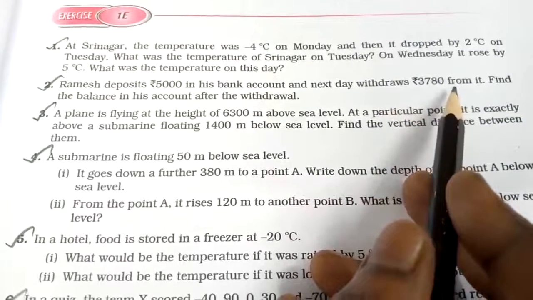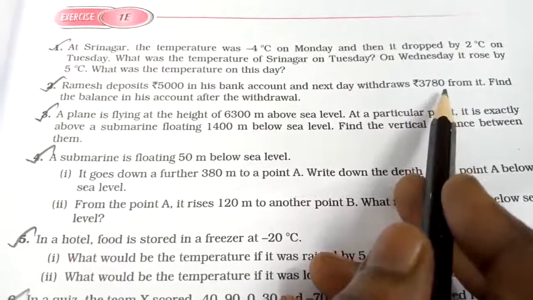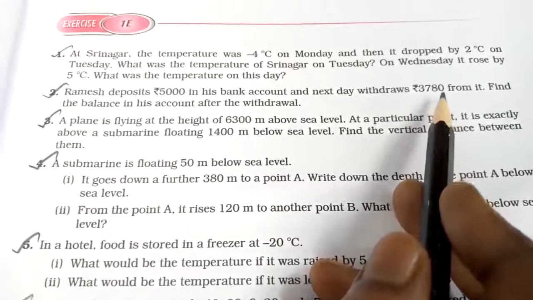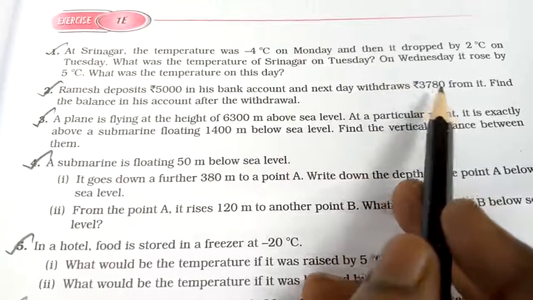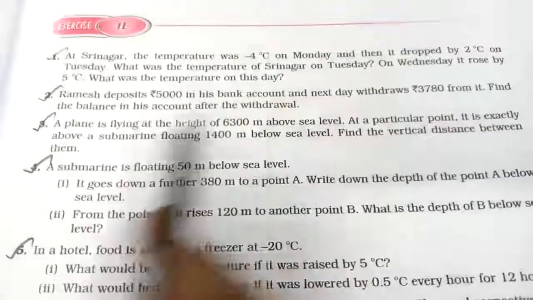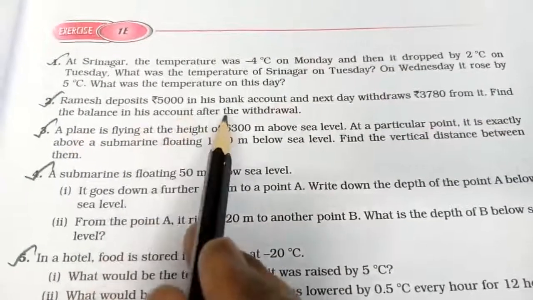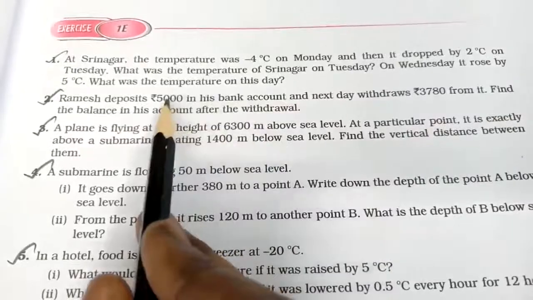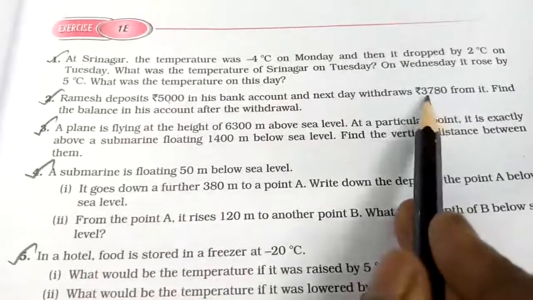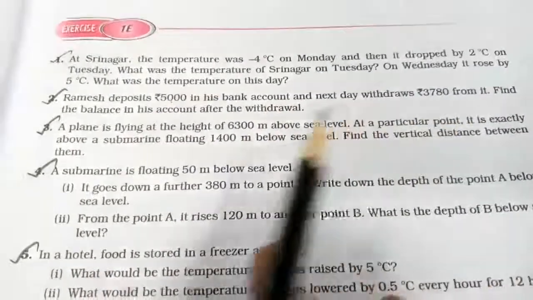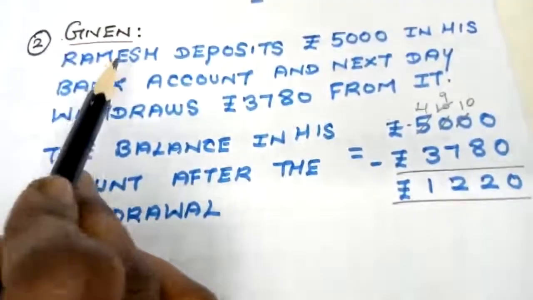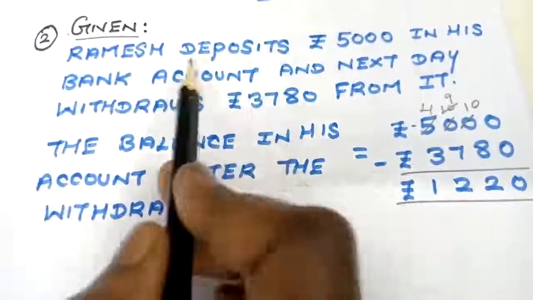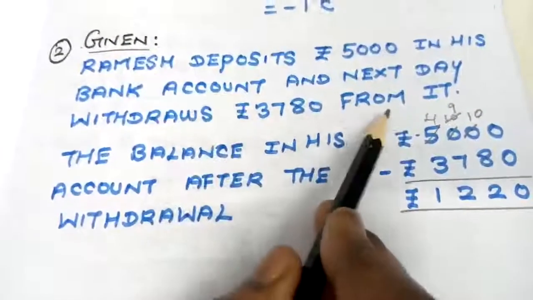So Ramesh deposits 5,000 in his bank account, and the next day he goes to the bank and withdraws, that is, takes out money again. The amount he takes out is 3,780. Find the balance in his account after the withdrawal. So from 5,000 I am going to subtract 3,780, students. This is the way of doing the calculation. What they have asked here is the second question, and the condition they have given, I have written here, students.